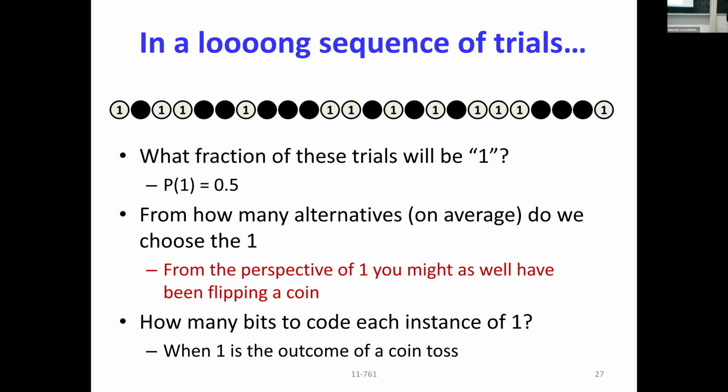Plus n times p of 2 times log of 1 over p of 2, and so on. This is how many bits we needed to send the entire sequence, right? How many bits per outcome? Divide by n.